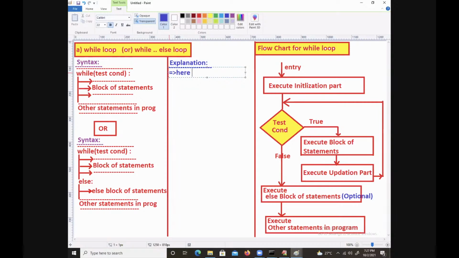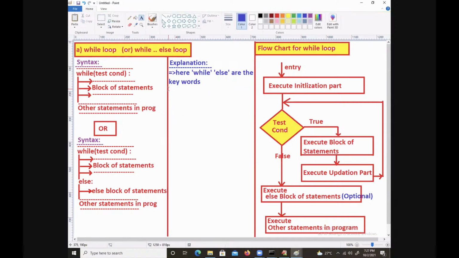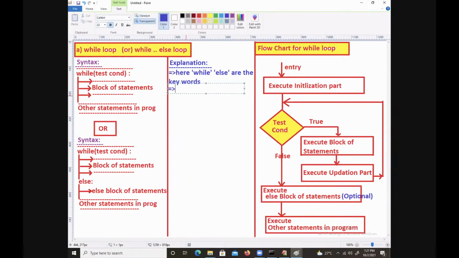Watch it. While, and next, else: these are the keywords. While and else are the keywords. Next, what is happening here?